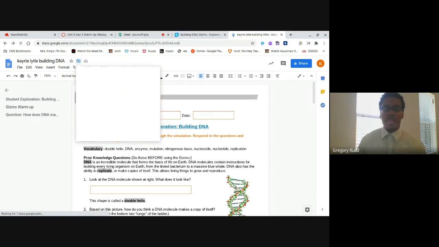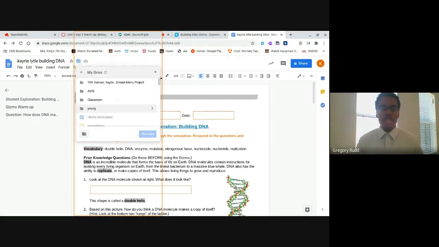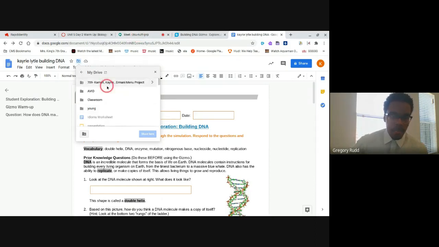That folder means move. So now we're gonna move this document into his biology Google folder. So Kyrie, scroll down and find your biology Google folder.